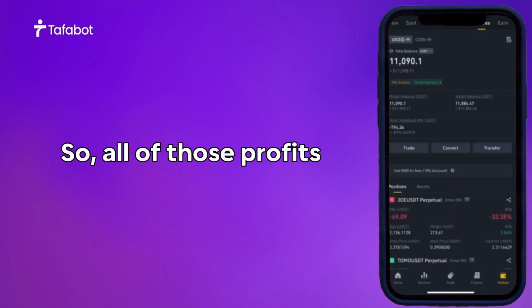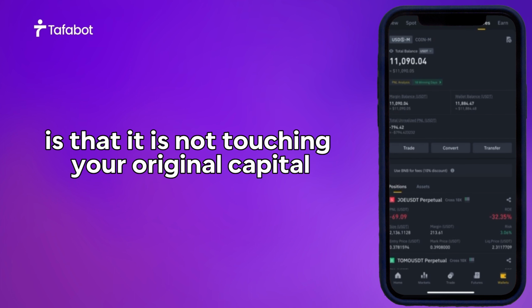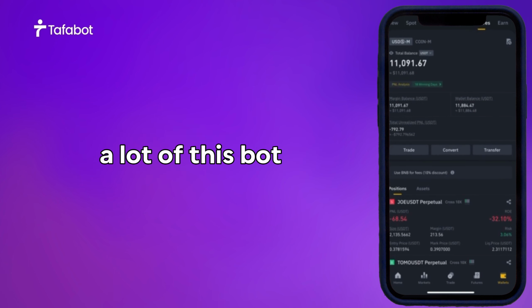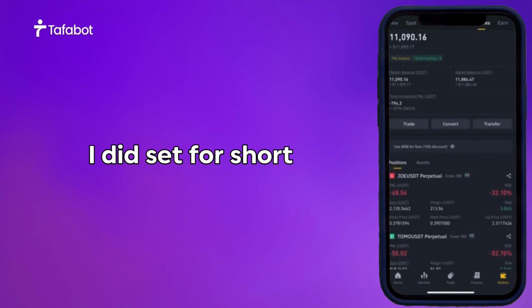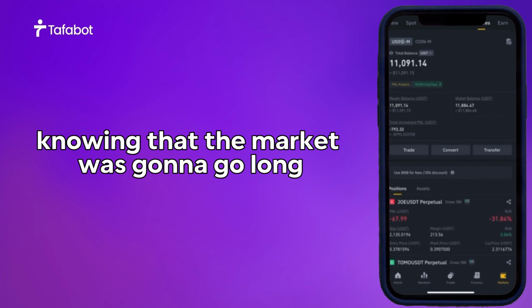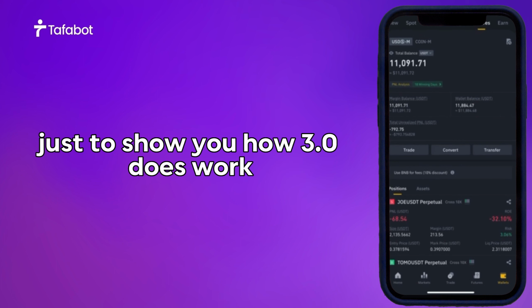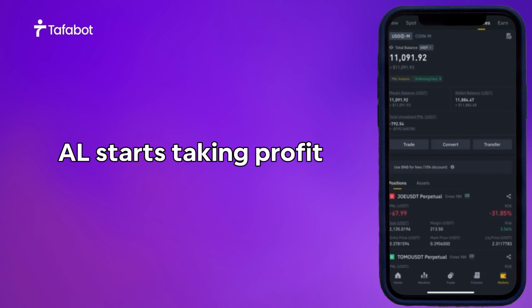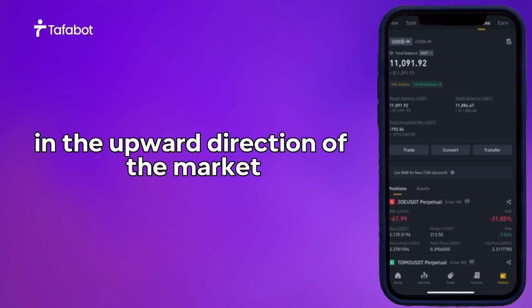So all of those profits, what you would notice is that it is not touching your original capital. So for instance, a lot of these bots I did set for short intentionally, knowing that the market was going to go long, just to show you how 3.0 does work. So the market going long, AL starts taking profit in the upward direction of the market.